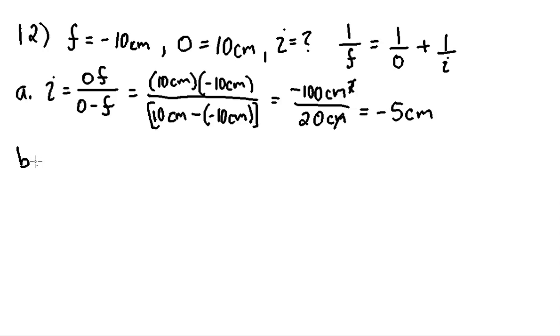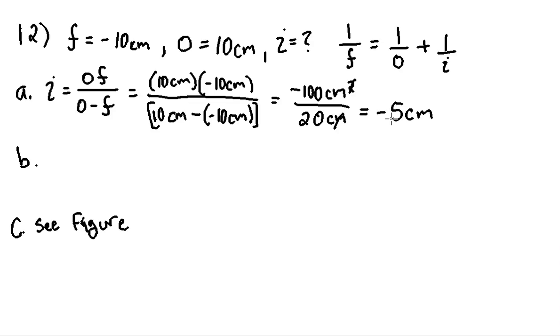Okay, so B, is the image real or virtual, upright or inverted? And then C, trace 3 rays from the top of the object to confirm your numerical results. So I'll tell you what, instead of jumping straight to B, let's look at a figure to help us understand the answer for B. So being that we have a negative value, let's make sure that our rules still apply.